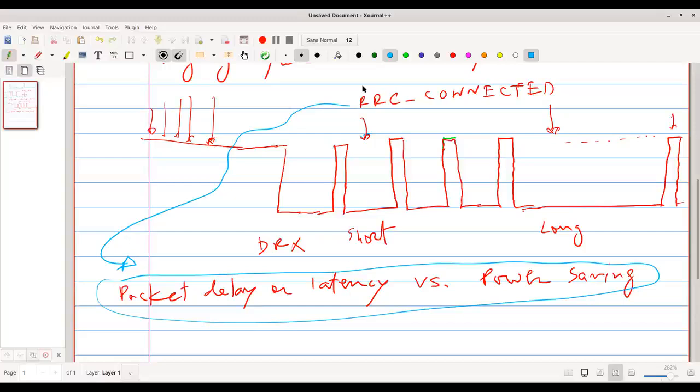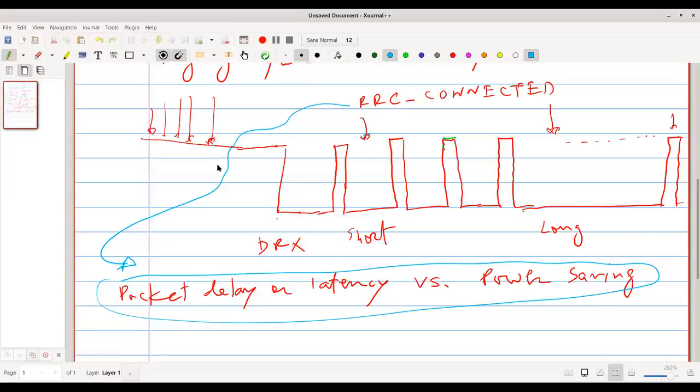Now finally there is a timer before you trigger. When you find that there are no further packets coming in, you start a timer. When that timer expires, you start the short DRX cycles. So there are three things: a timer which expires and you start short cycles.